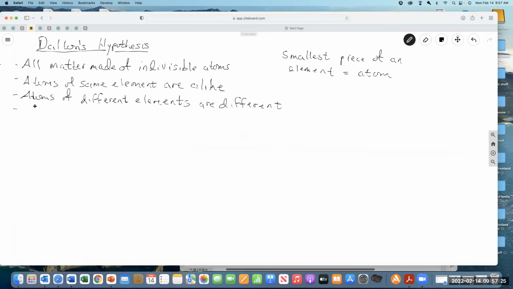All right. Atoms combine in whole number ratios to form compounds.